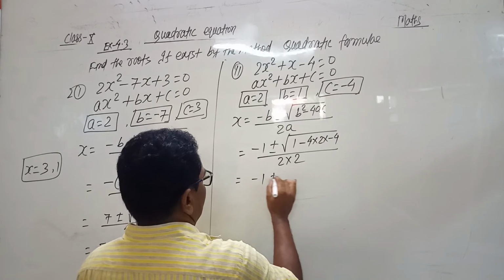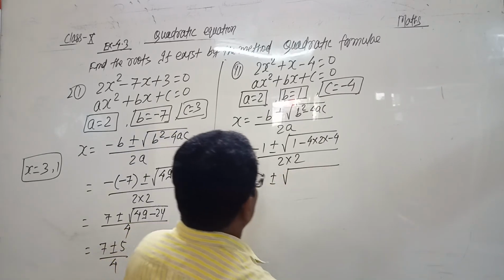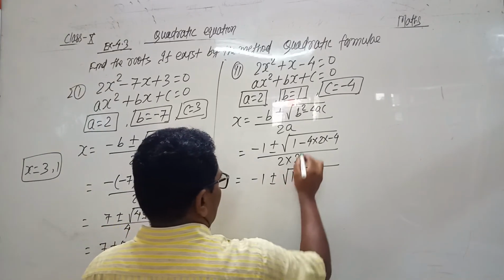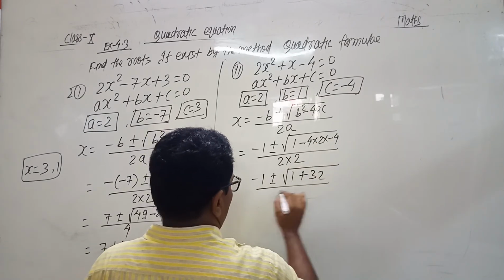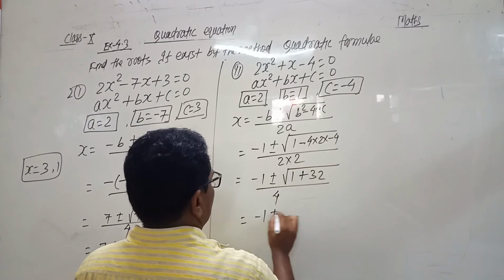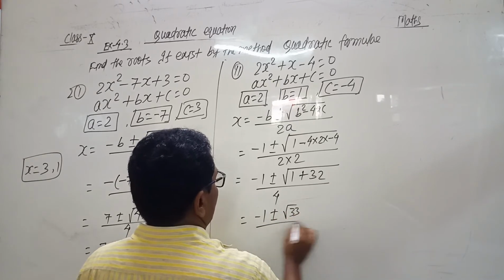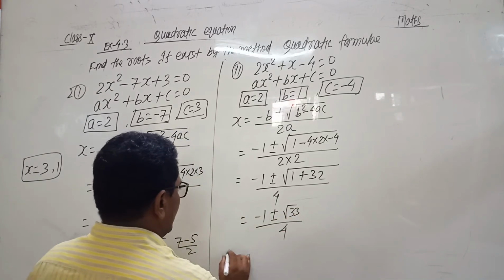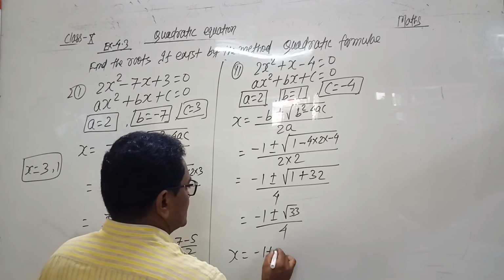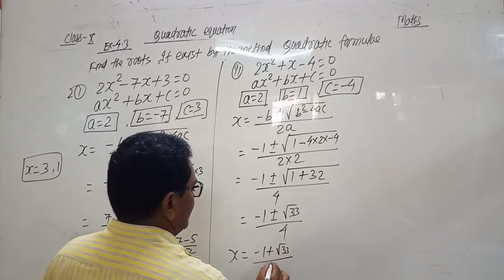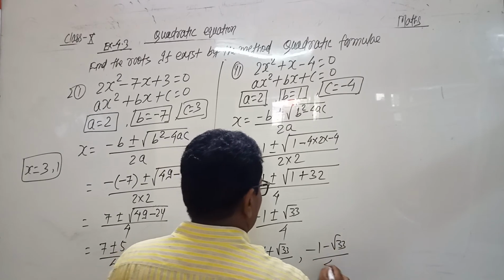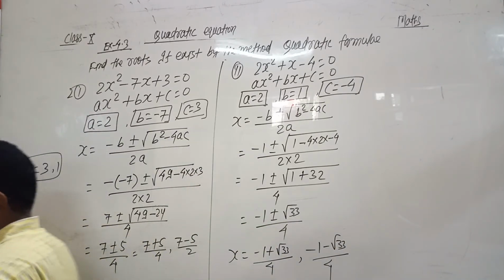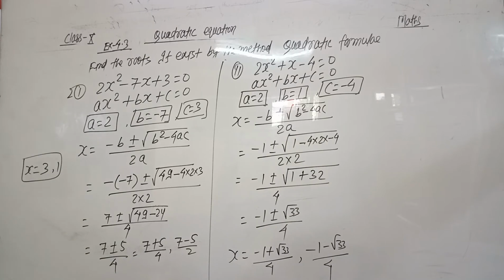So minus 1 plus minus under root of 1 plus 16, that is 33, upon 4, and we get minus 1 plus minus root 33 by 4. So the two values of x we get are minus 1 plus root 33 by 4 and the other value minus 1 minus root 33 by 4. So these are the two roots of the quadratic equation.